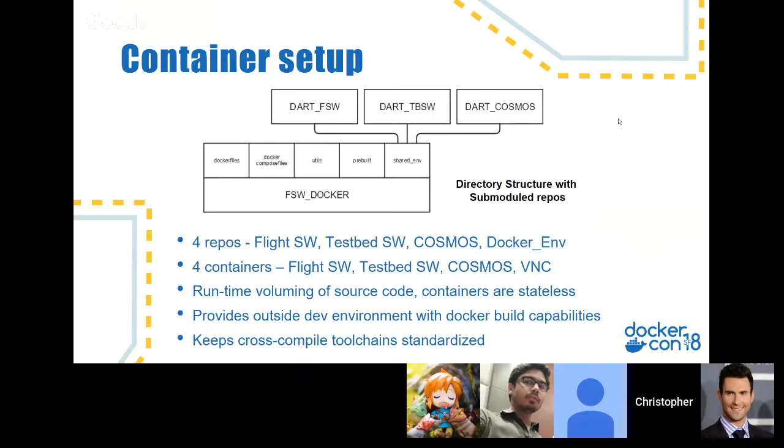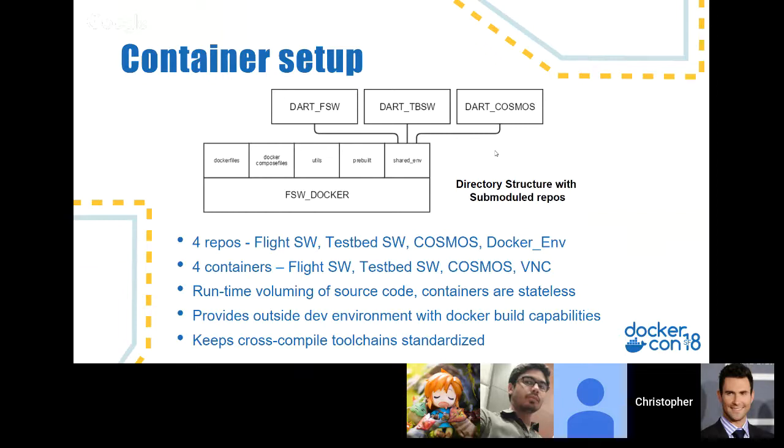We have a Docker container that has the environment set up, and we volume the flight software, or the testbed software code and binaries in at runtime, which gives us an ability to just build and rebuild the code without having to rebuild the Docker container, which actually saves us a decent amount of time, allows us to play around with it inside the container, allows us to do live debug, which is really, really nice.